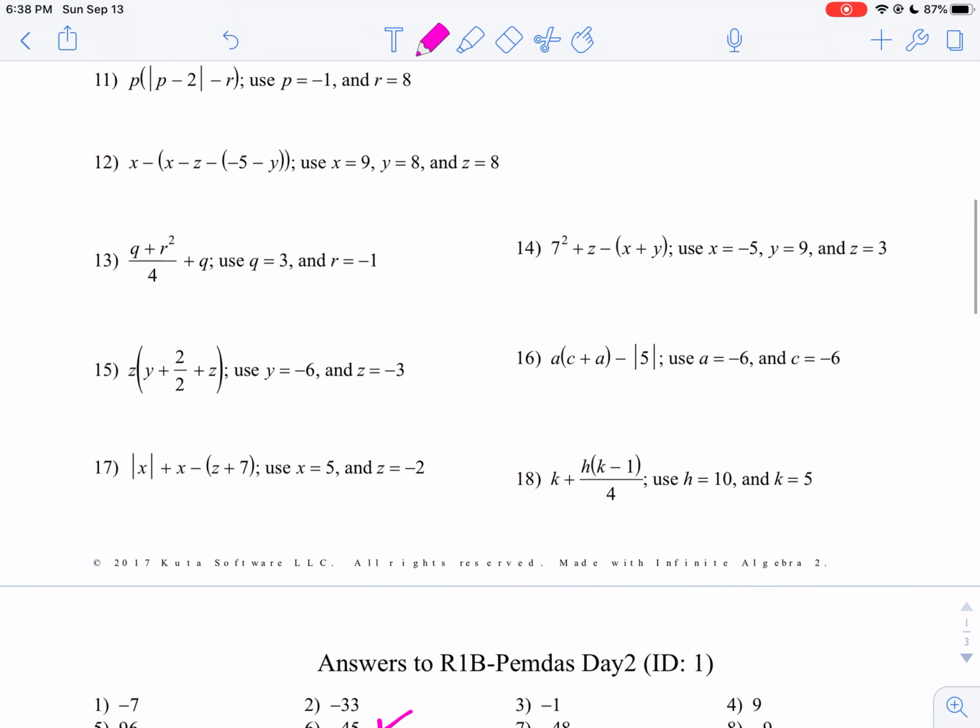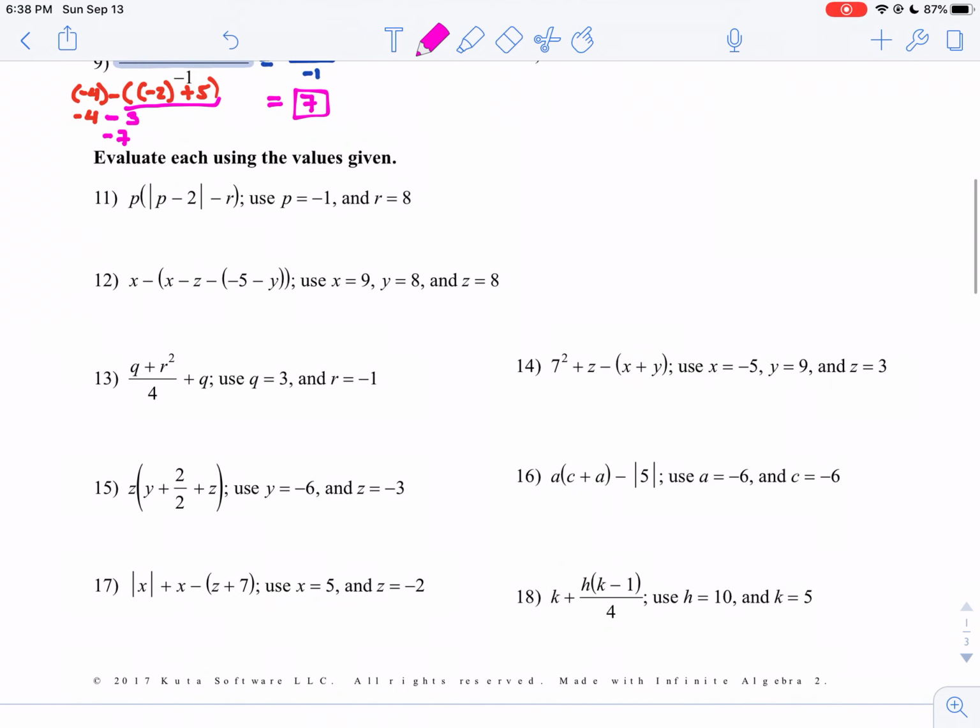The new problems are the evaluating problems, where you have to evaluate an expression. When they say evaluate, that means they want one single number as the answer. You will see that you have a lot of variables, and they are giving you a value for each variable.